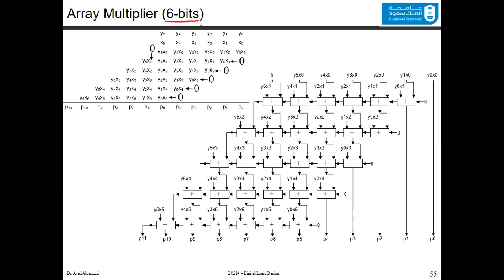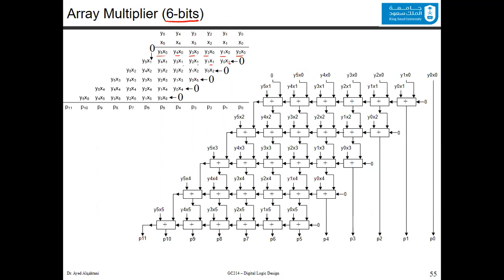For 6 bits, you have x0, x1, x2, x3, x4, and x5, which is the multiplicand. The multiplier is y0, y1, y2, y3, y4, and y5. You generate those partial products by ANDing x0 with each one of the y's, and then x1 with each one of the y's, and so on.